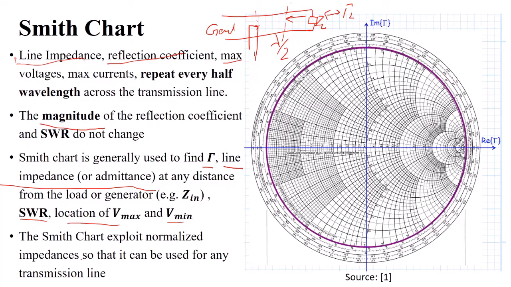If the transmission line is fixed, Z0 will be fixed. Once you know Z0, whatever line impedance value you find, multiplying with Z0 gives the actual line impedance. So the Smith chart gives everything in a normalized manner.